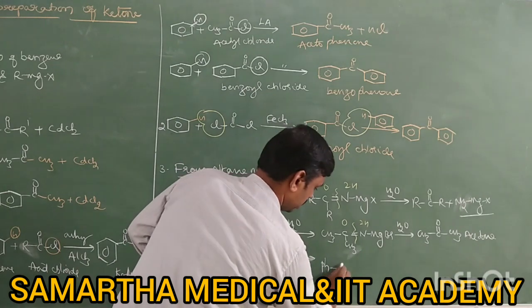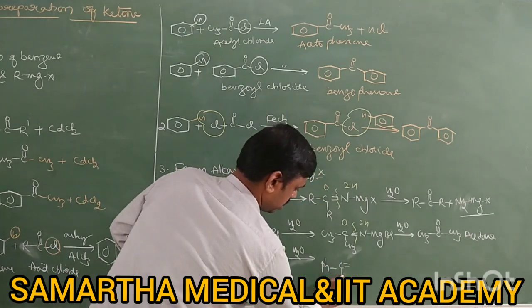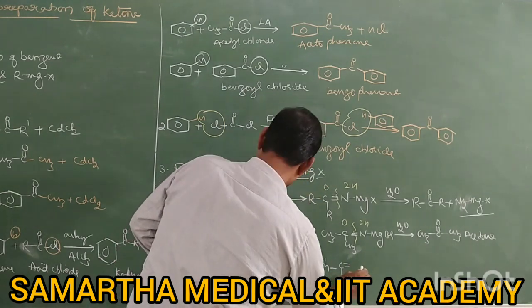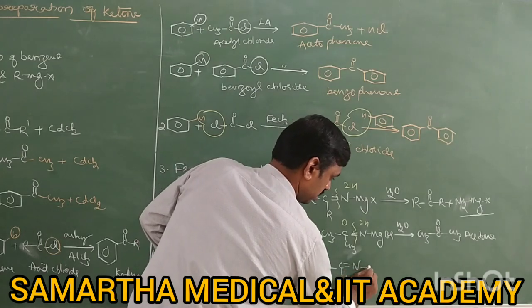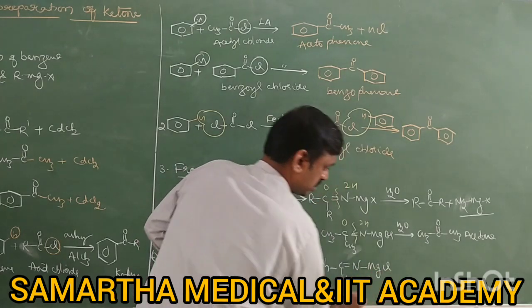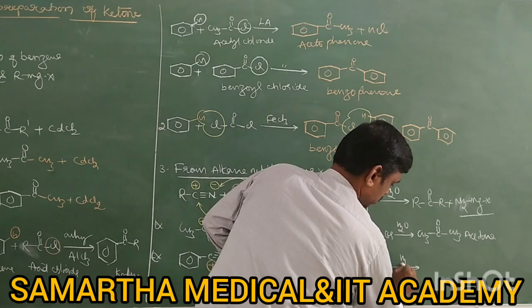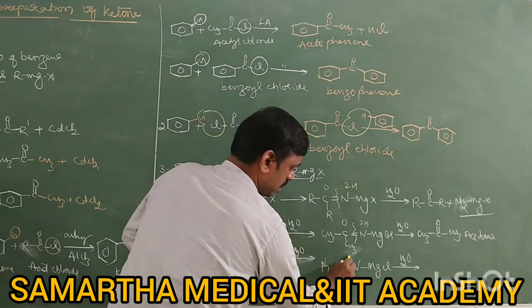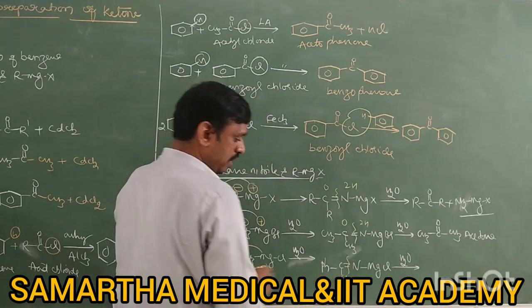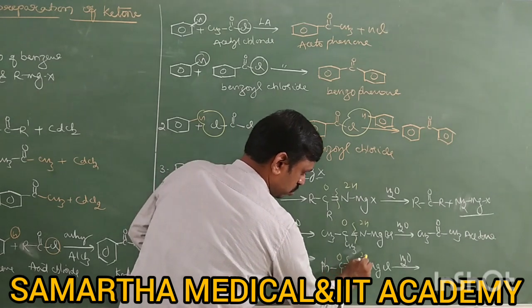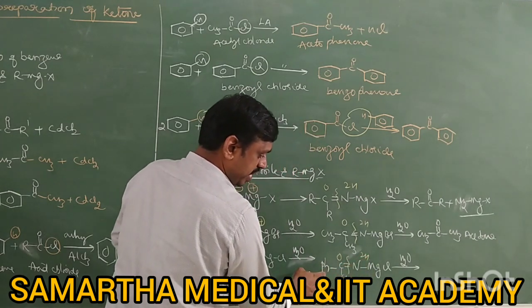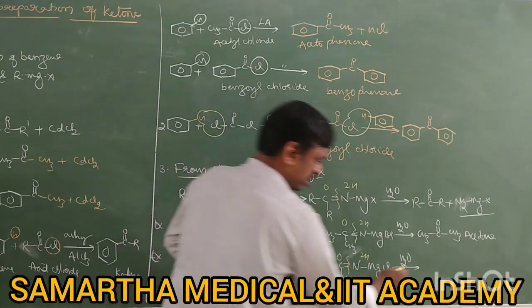Then C double bond, here CH3 is added, then N as it is, then Mg and Cl, which on hydrolysis breaks the C double bond N, with oxygen and 2 hydrogens. Therefore Ph CO CH3.